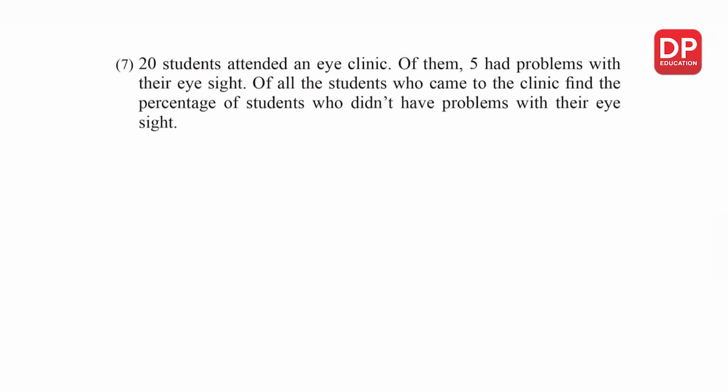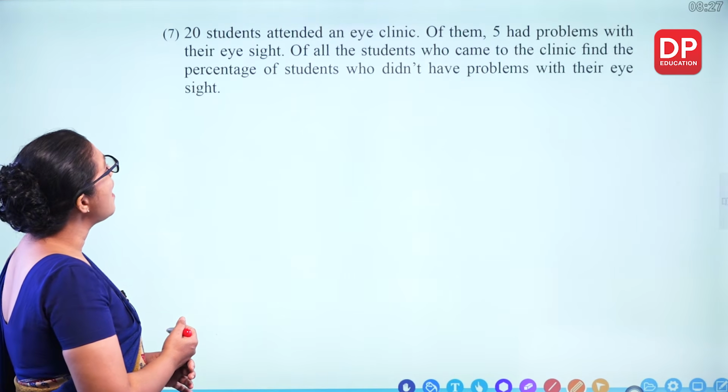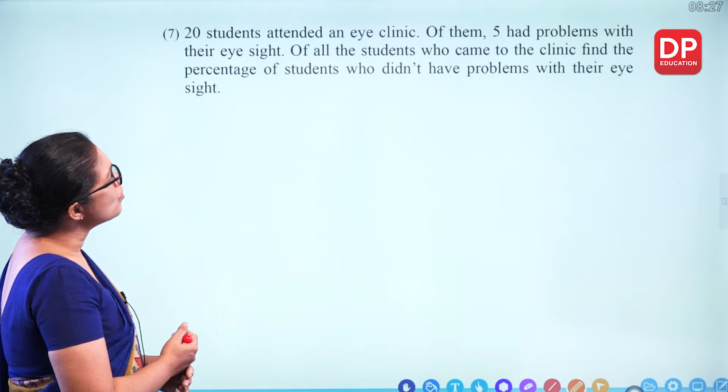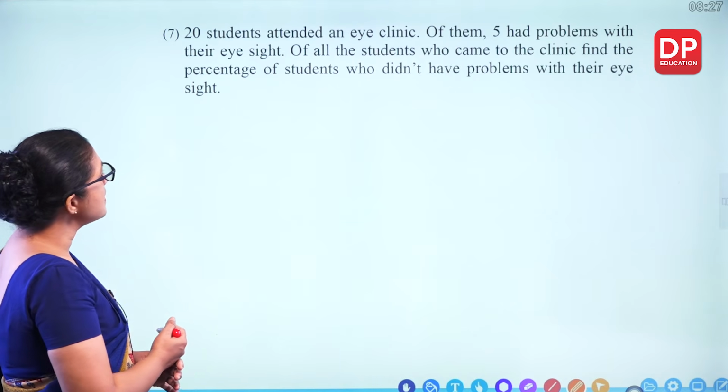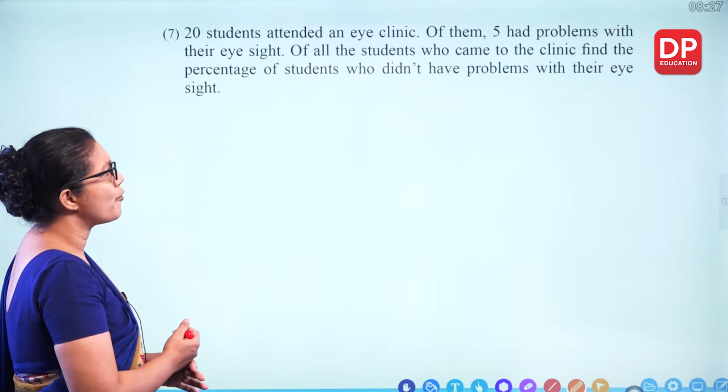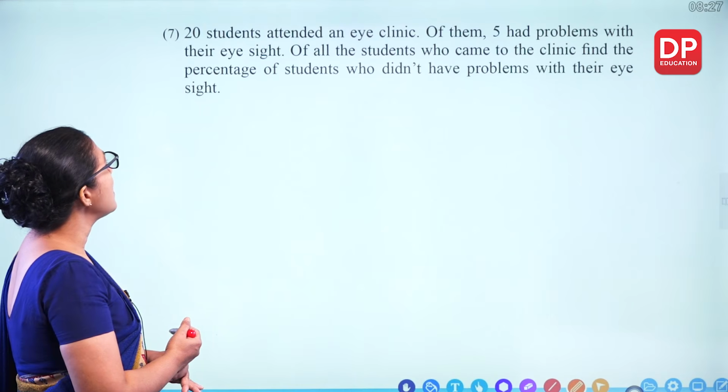Question number 7. 20 students attended an eye clinic. Of them, 5 had problems with their eyesight. Of all the students who came to the clinic, find the percentage of students who didn't have problems with their eyesight.